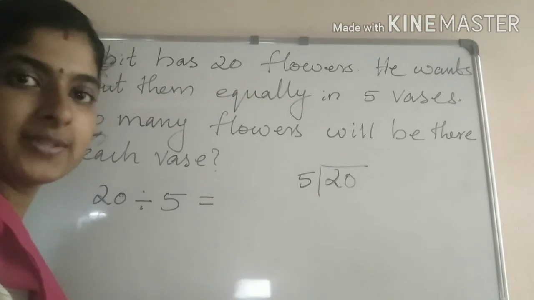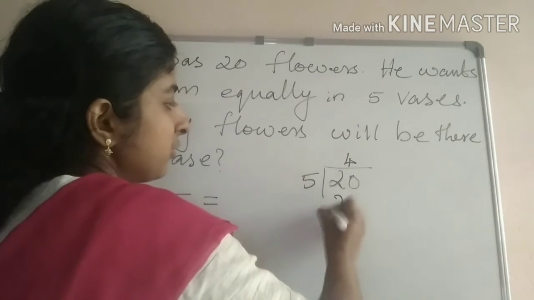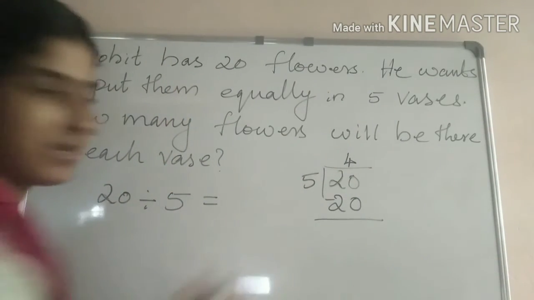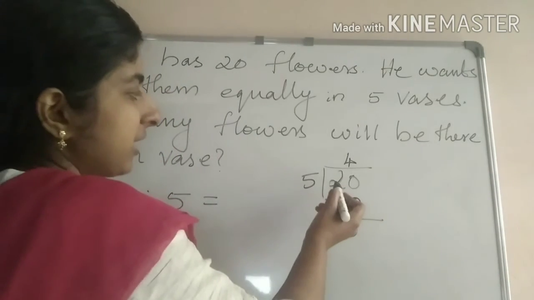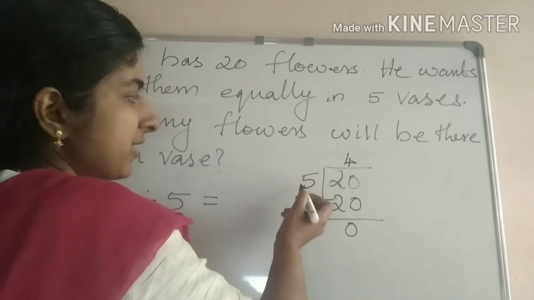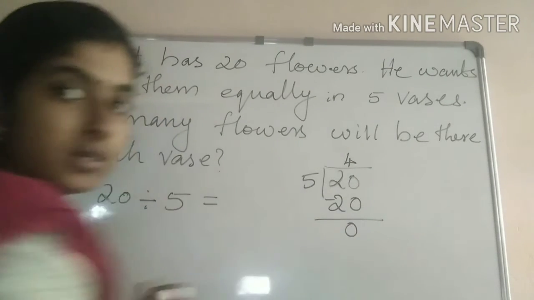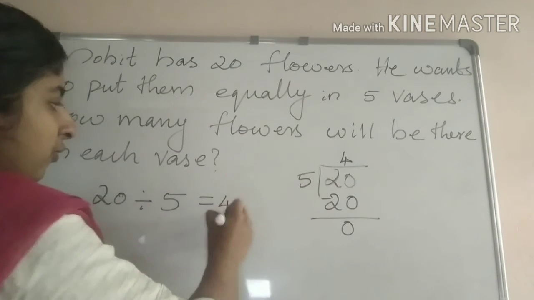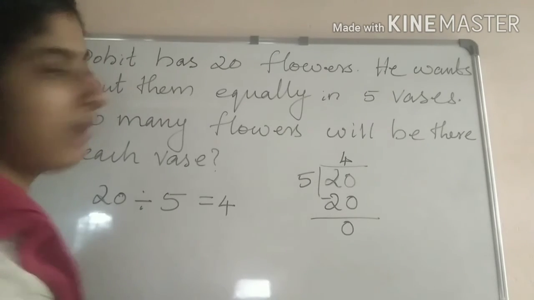Or 4 5s are 20. 20 minus 20, what is the answer? 0 is the answer. So, here the dividend is 20, divisor 5, quotient 4, remainder 0. So, the answer is 4. In each vase, 4 flowers.